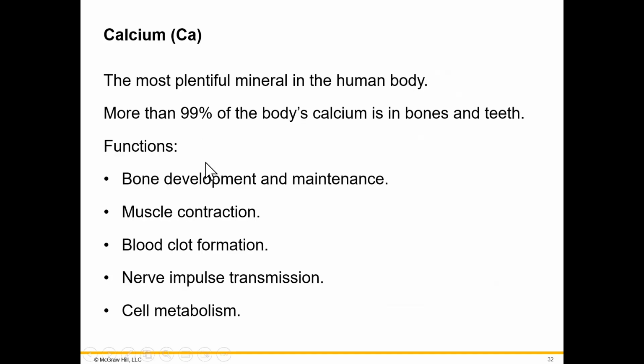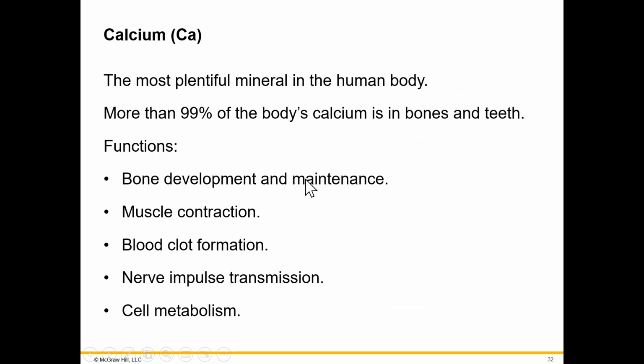You need it for bone development, bone maintenance, muscle contraction, blood clotting, in the form of vitamin K. The calcium ion is used for the action potential for nerve impulses, cellular metabolism, your hormone production, as far as the hormone calcitonin. Okay, calcitonin is produced in your thyroid gland, which helps regulate this overall bone development and maintenance, thanks to calcium.